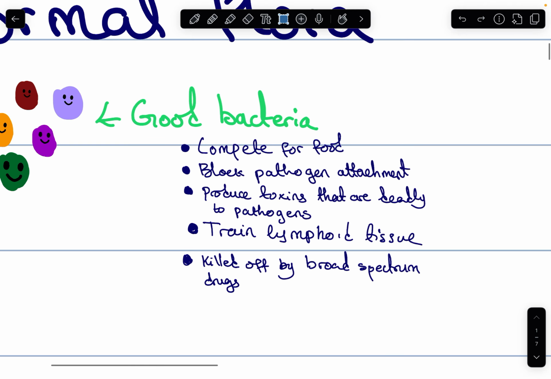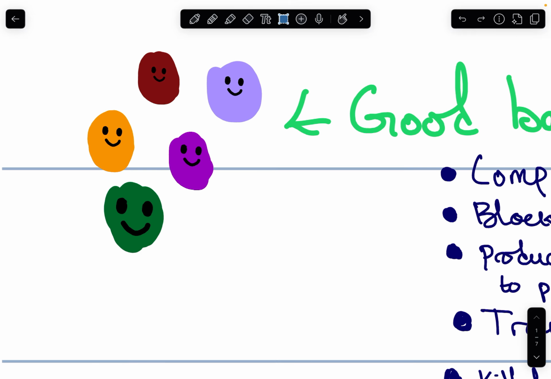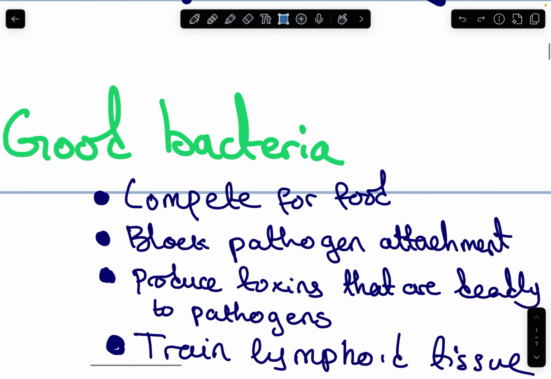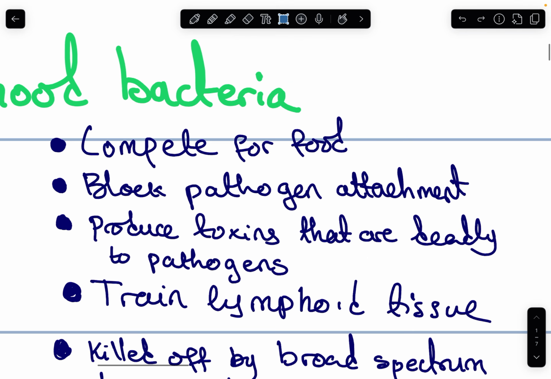Well, number one is they compete with the other bacteria for food, right? So if a pathogen enters your body, it needs to eat. It needs food. But if these bacteria are already eating the food that we are producing in our bodies, then the bad bacteria is not going to be able to do that. Another thing they do is that they block pathogen attachment.